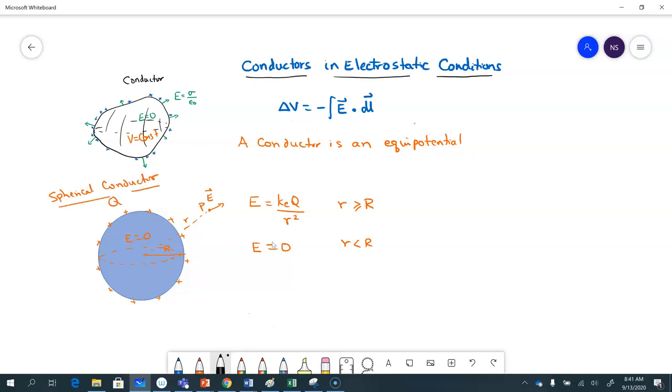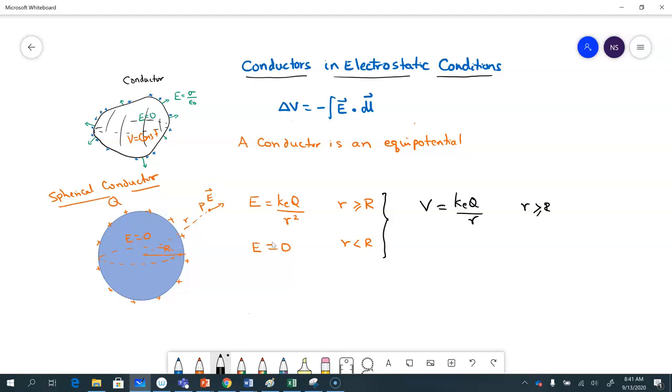So we have this for the electric field. If you remember in the previous lesson or the 2 lessons before, we saw that these were exactly the same equations that we had for a spherical shell of charge, and we went through all these calculations, and then we showed that electric potential V for points outside is just KEQ divided by R. This is for R greater than or equal to capital R, right?